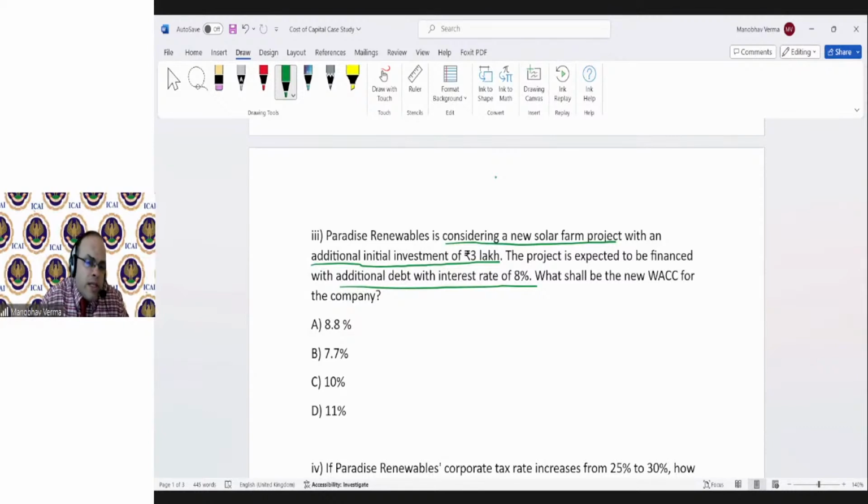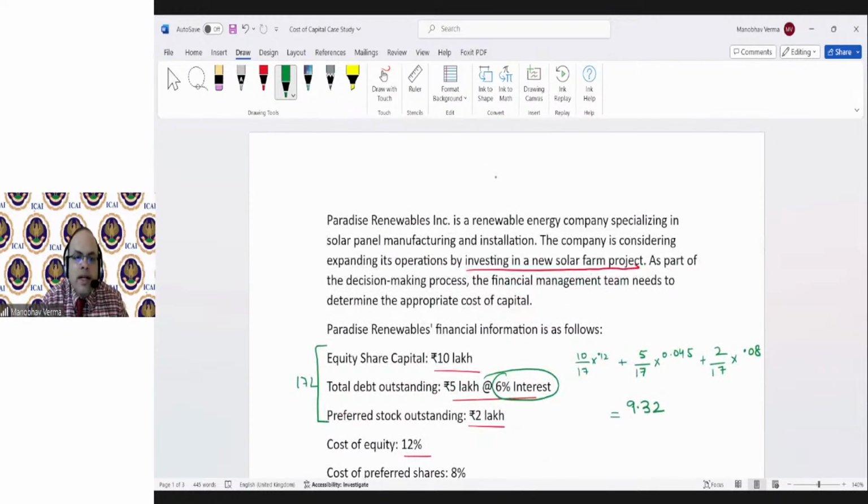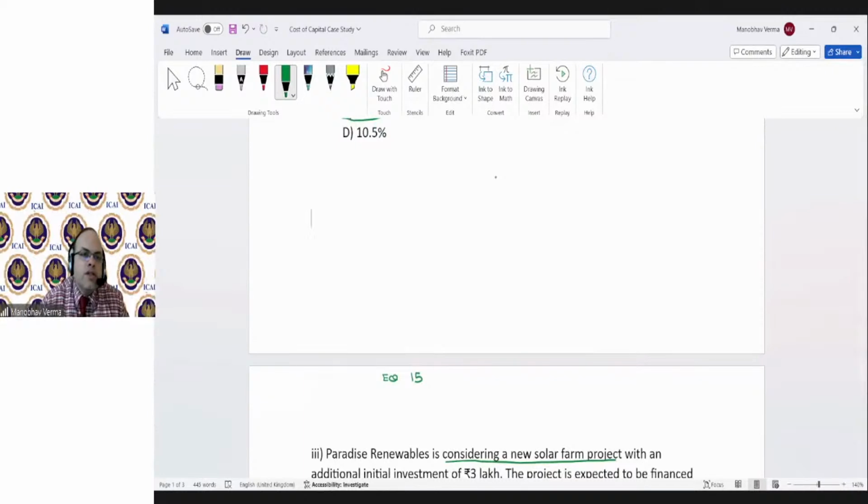Okay. In this case, for question number 3, we already had equity worth, how much is the equity we had, guys? We can quickly go back and check. Sorry, 10 lakhs. Debt as 5 lakhs and preferred stock as 2 lakhs. So we have equity of 10 lakhs.